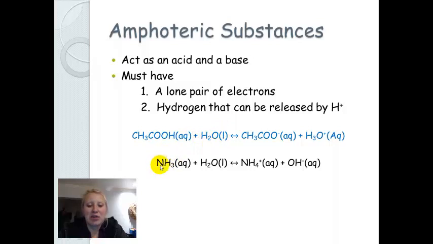In the next example, you have ammonia and water, and here you can see the ammonia is the base because it accepts the H+, and the H2O loses the H+ to form OH-. So here the water is an acid. So water can act as a base or an acid, and therefore it's called amphoteric.